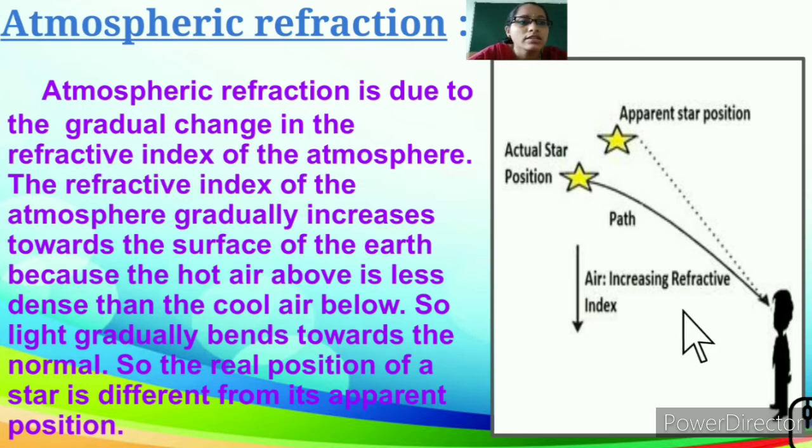You can see that with increasing refractive index, when we observe from the earth, the actual position of the star will get deviated from the apparent star position. So you are observing here, the real position of the star is quite different from the apparent position of the star.